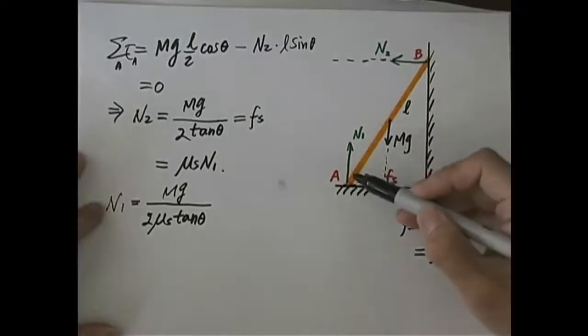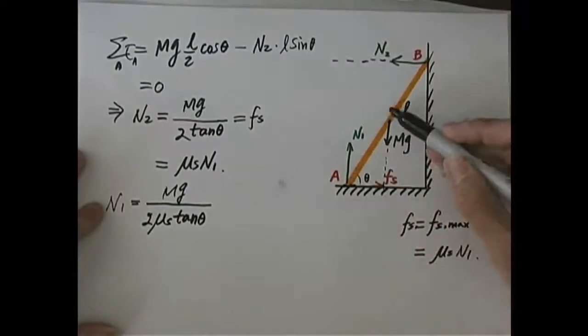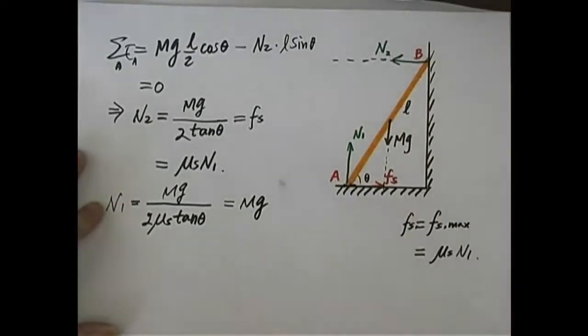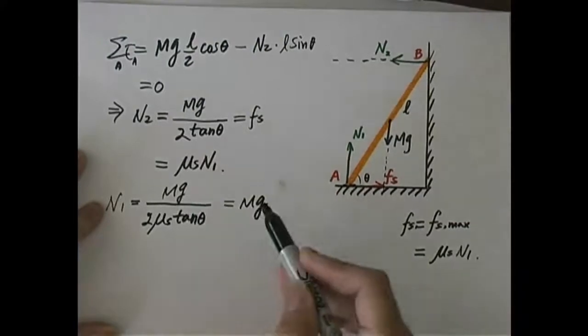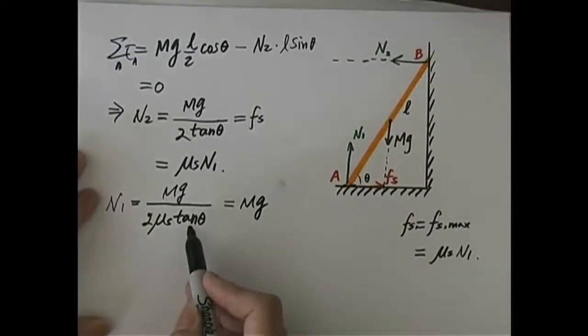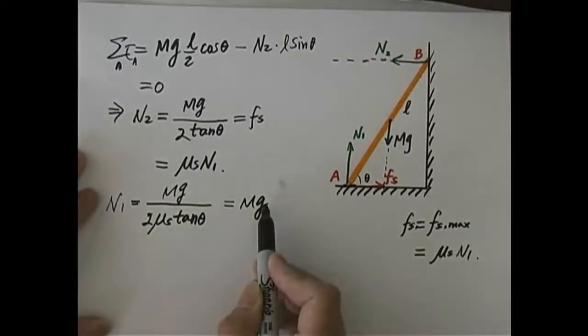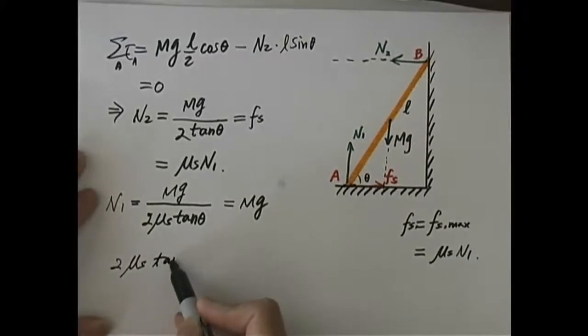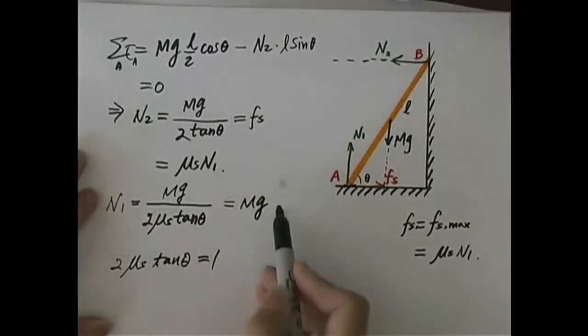But wait a second, as we know, N1 must cancel with mg because these are the only two vertical forces. They must add up to 0. So that equals mg, and mg and mg cancel out nicely. To make this work, you find that the angle theta which satisfies this equation must satisfy 2 mu s tangent theta equal to 1. See that? Because this has to equal 1, mg cancels.